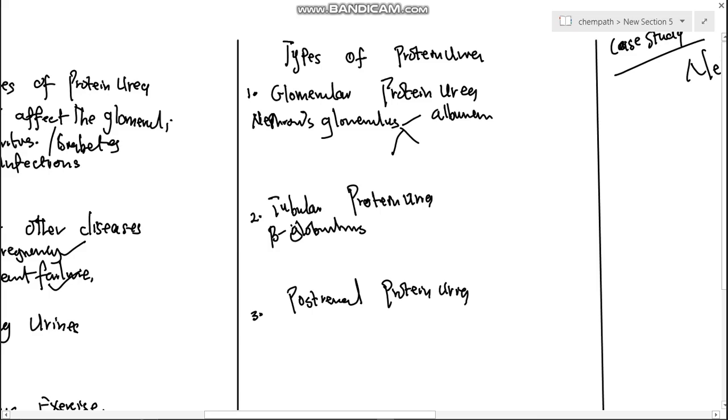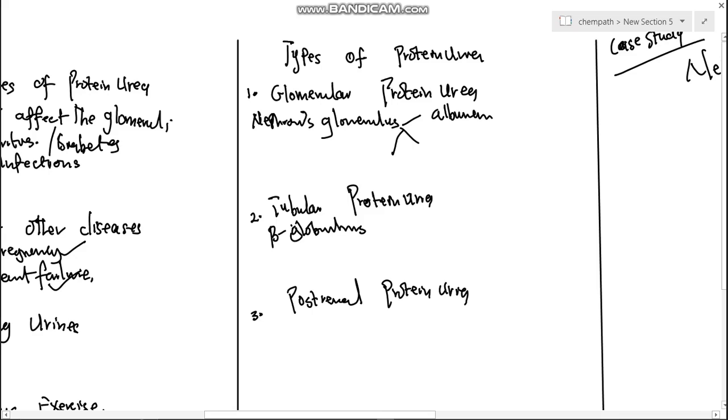So it's not always that the protein found in the urine is albumin, though mostly it's albumin that is related to proteinuria. But sometimes we can have other proteins such as the beta globulins, or the beta proteins.